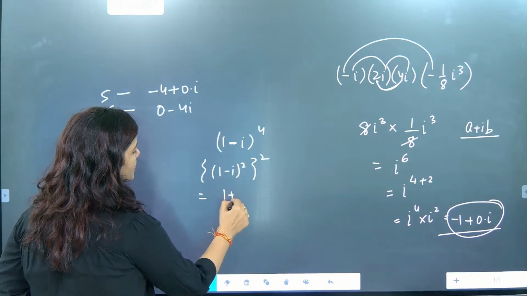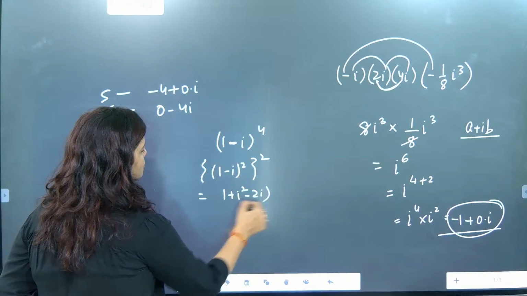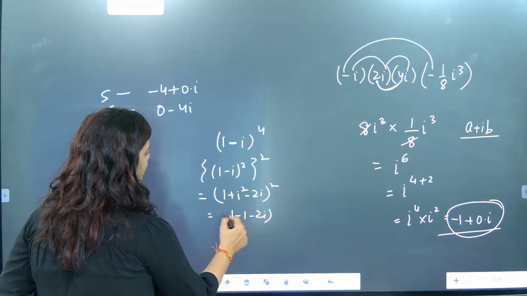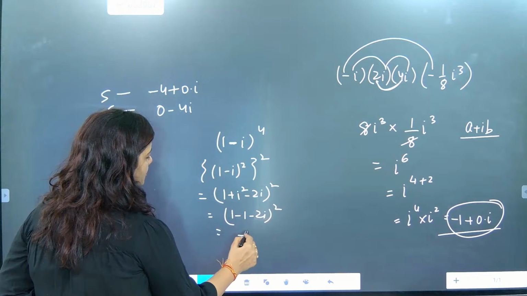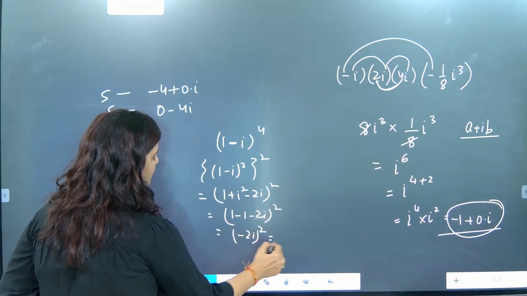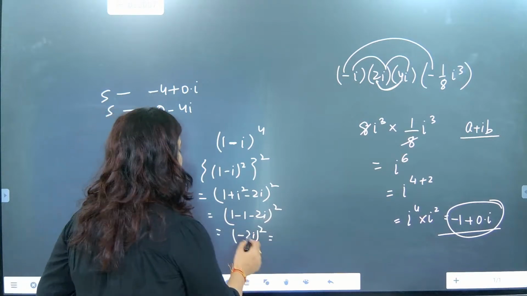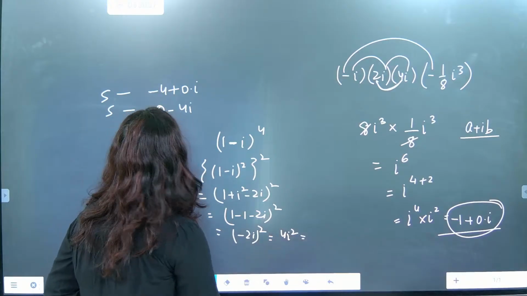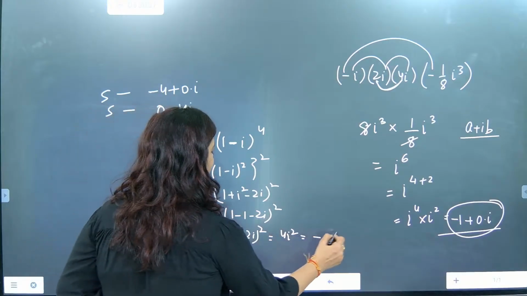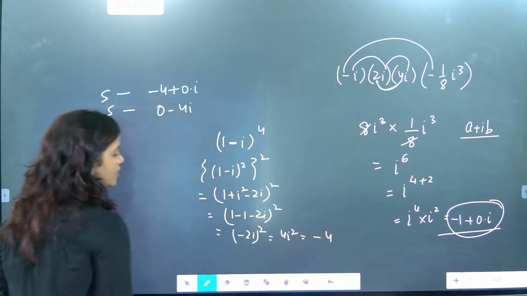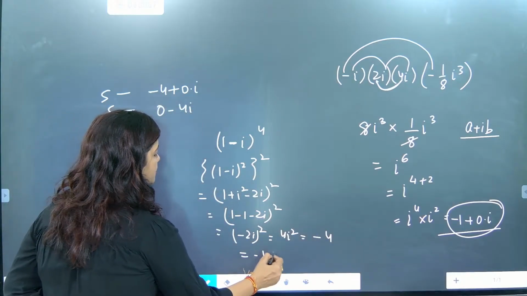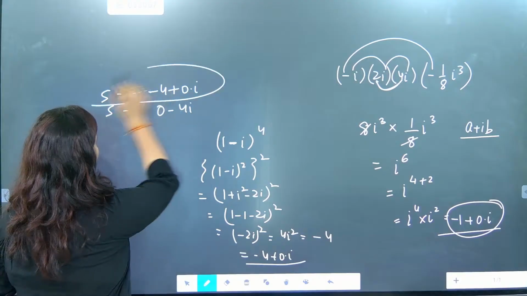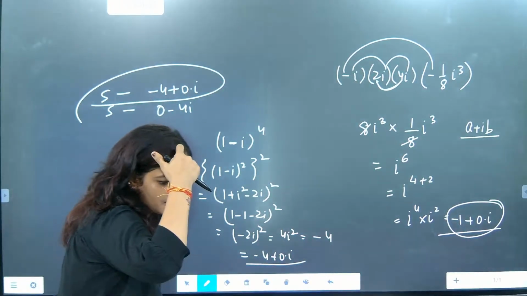So this part will become 1 plus i square minus 2i, whole square. i square is minus 1, so 1 minus 1 minus 2i, whole square. So this is coming as minus 2i whole square. It will be coming as how much beta? Minus 2i whole square is 4i square. It is coming as minus 4. Bingo. Answer is minus 4 plus 0 into i. Whose answer is this? This is the first one.